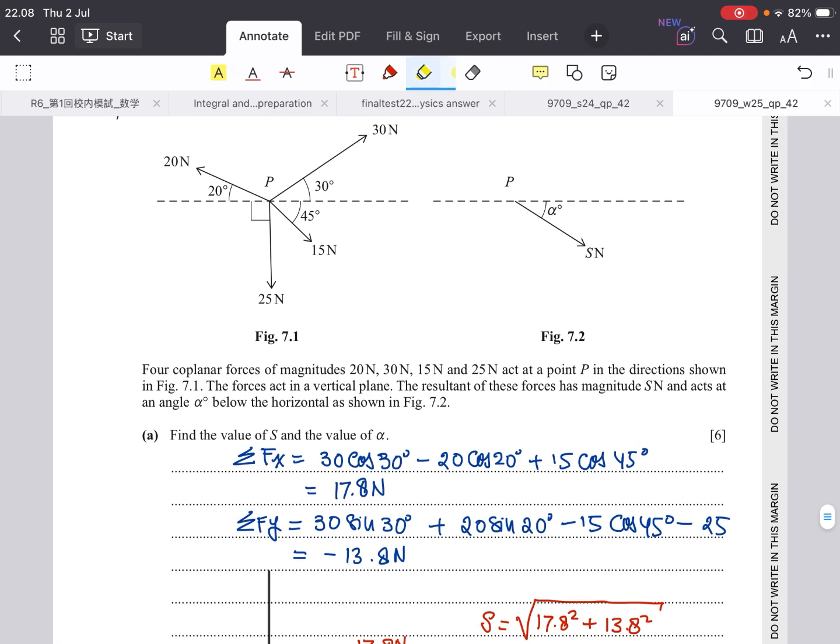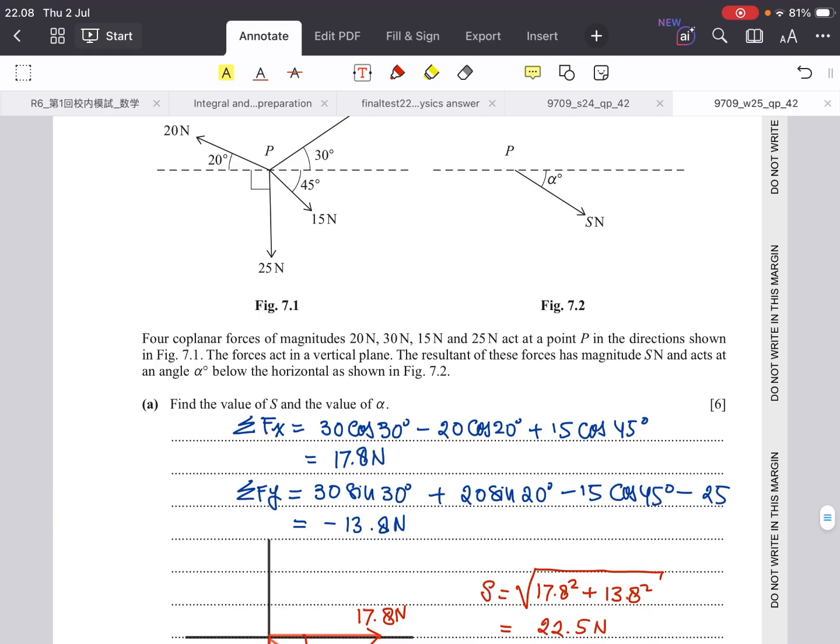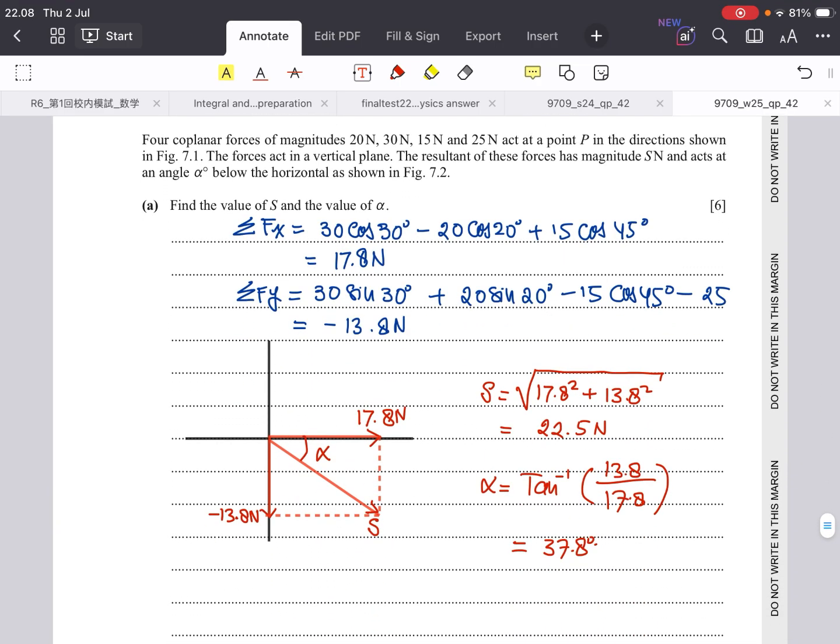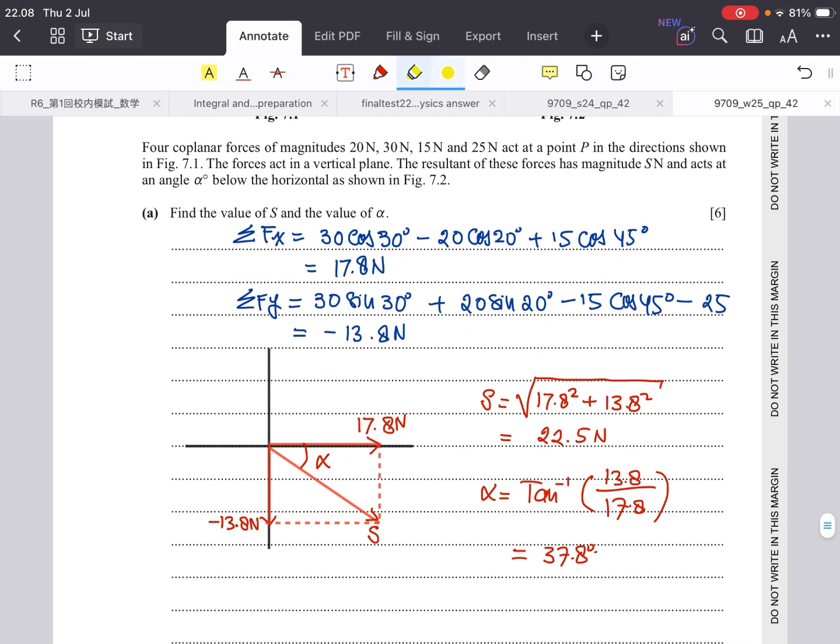So these 4 forces can be represented by a single force S. We need to find the value of S. The x component of S is 17.8 newtons, and the y component of S is negative 13.8 newtons.